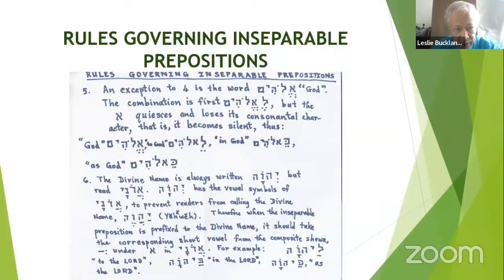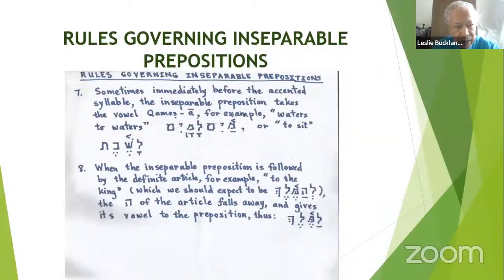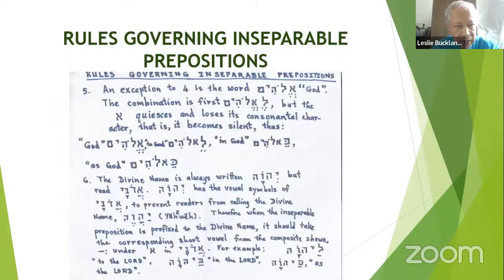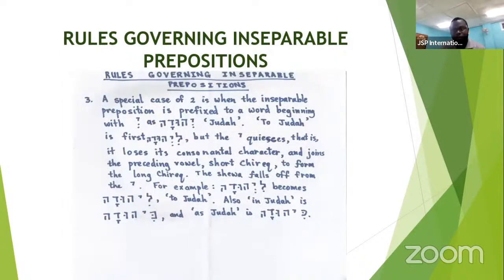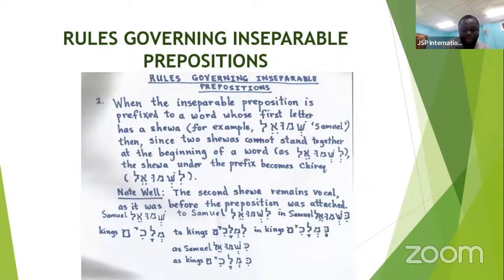All right, so that is what we have covered, and we will start at Rule 7, governing inseparable prepositions, next week. This is more than a mouthful. I advise you to go through the rules governing inseparable prepositions, and then we will continue from there next week at rule number 7.